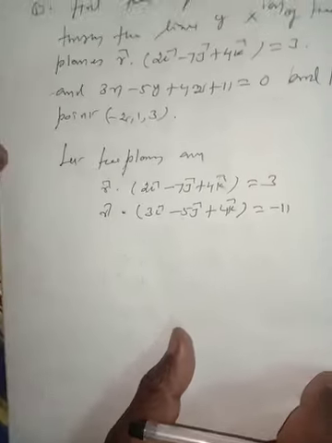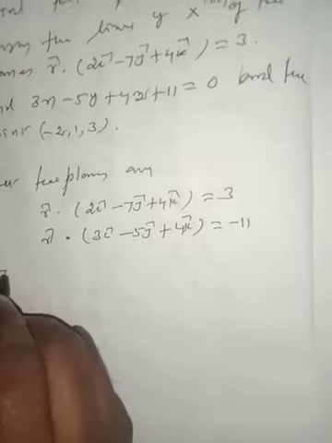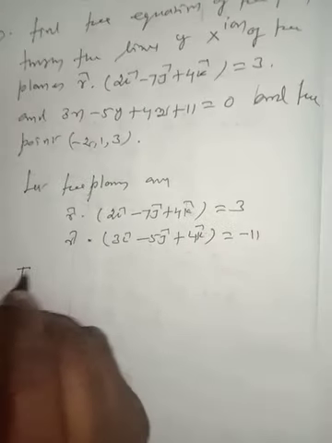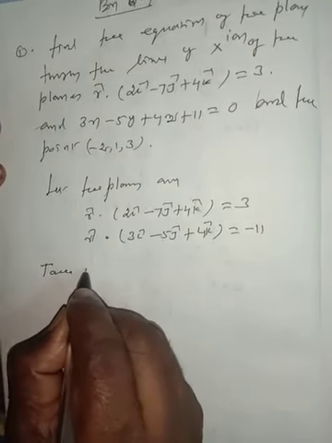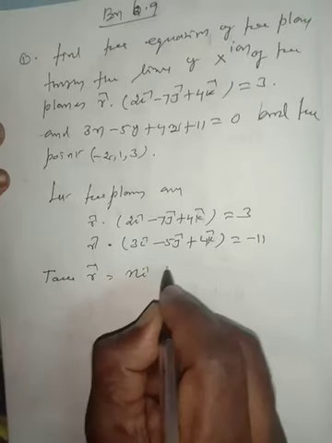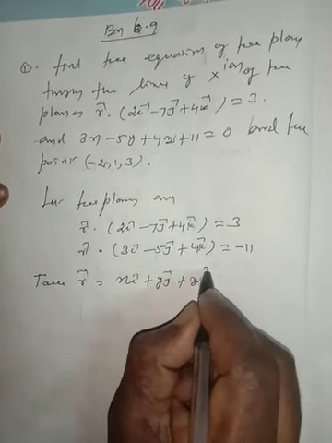Now for the point of intersection of the planes, take r vector is equal to xi vector plus yj vector plus zk vector.